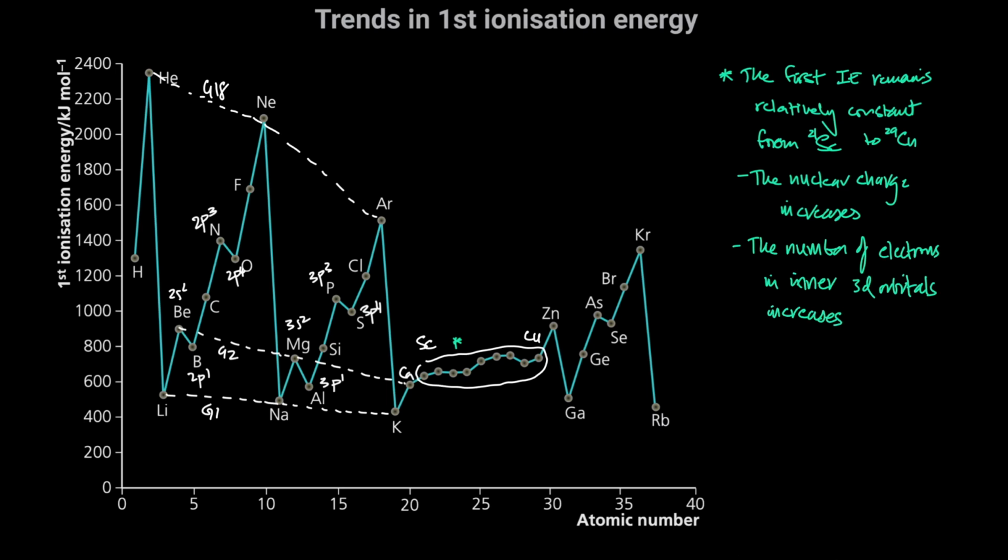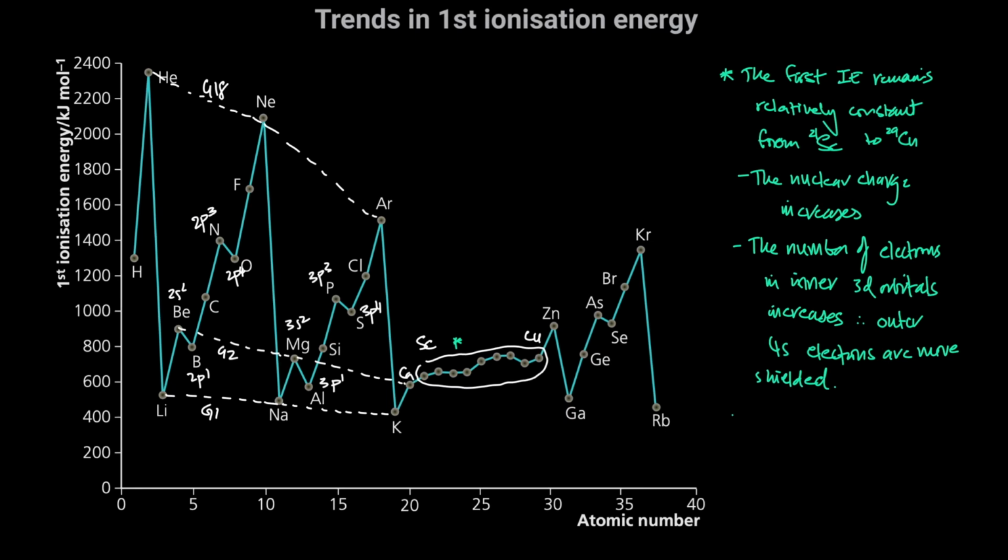Therefore, we can say that the outer 4s electrons are more shielded, right?